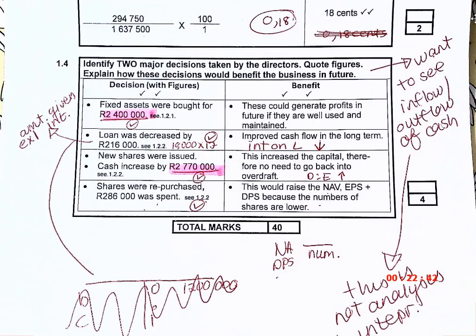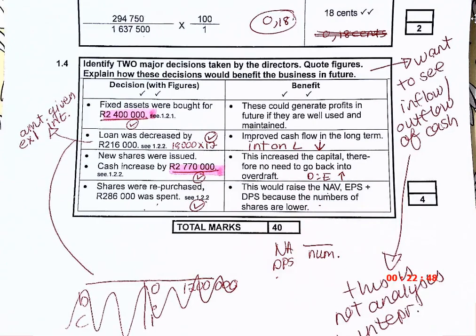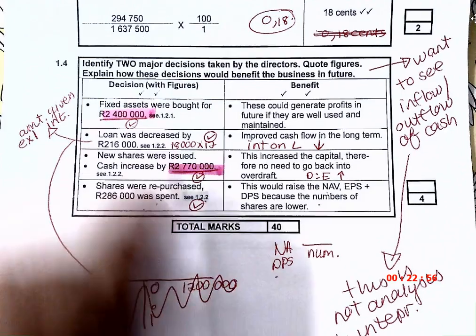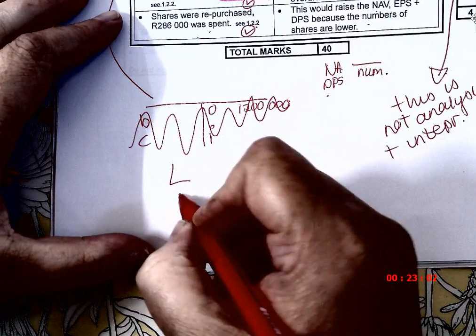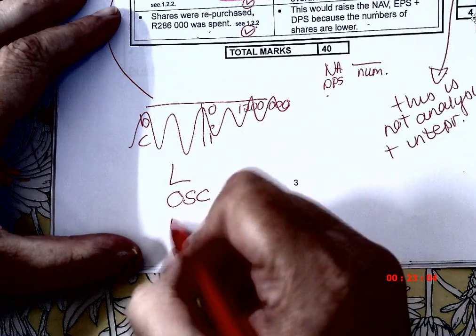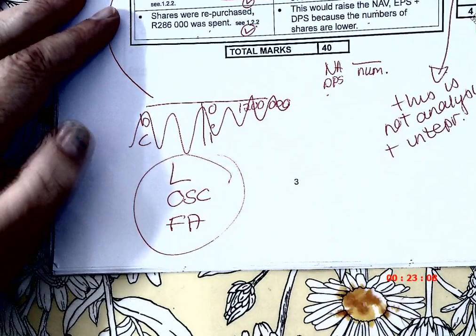Okay, so you choose your reasons, because you can't really go further than this. You can't choose to pay tax. That's not a choice. You can choose to pay dividends, I see, but they didn't even mention that, because they always go with choices. They always go for the loan, the capital, and the fixed assets. Those are the easiest ones to comment on. Okay.